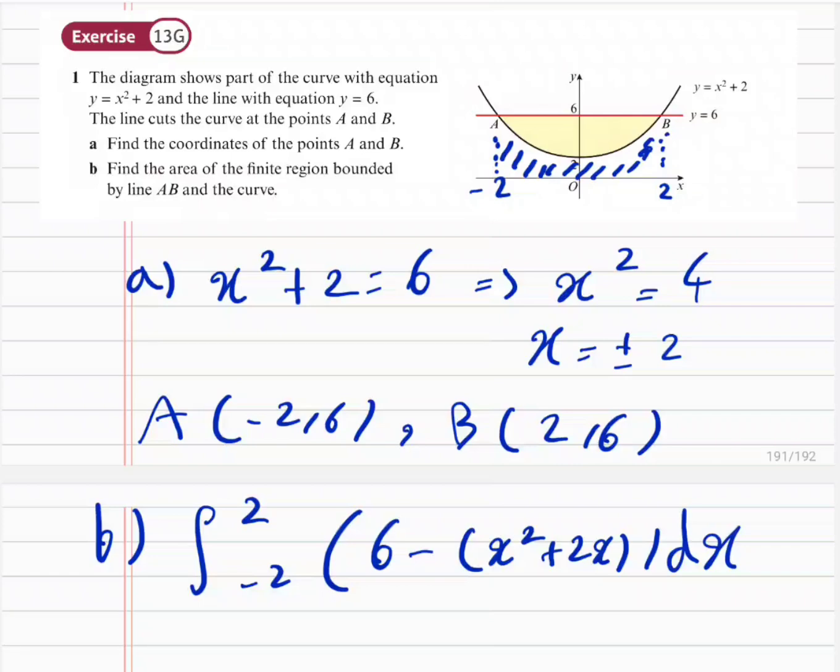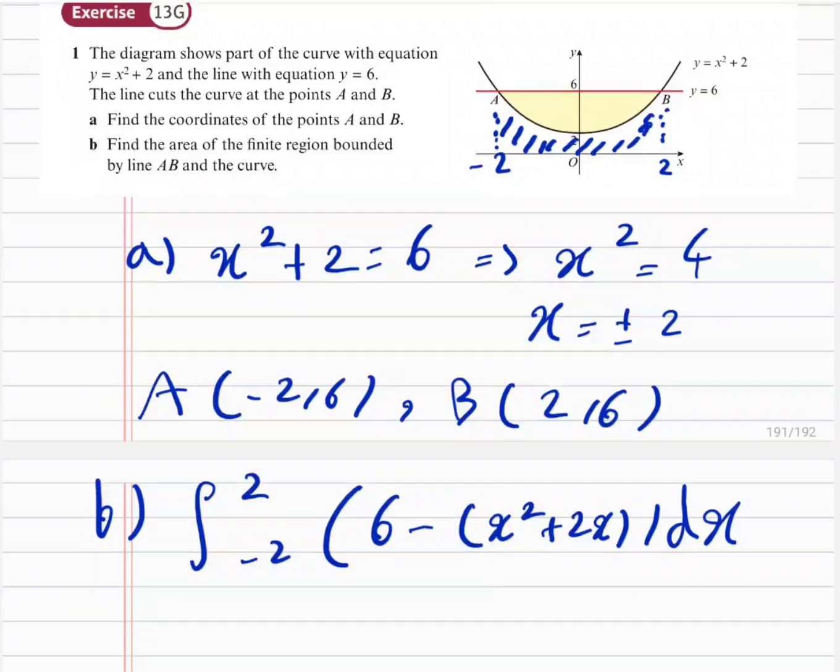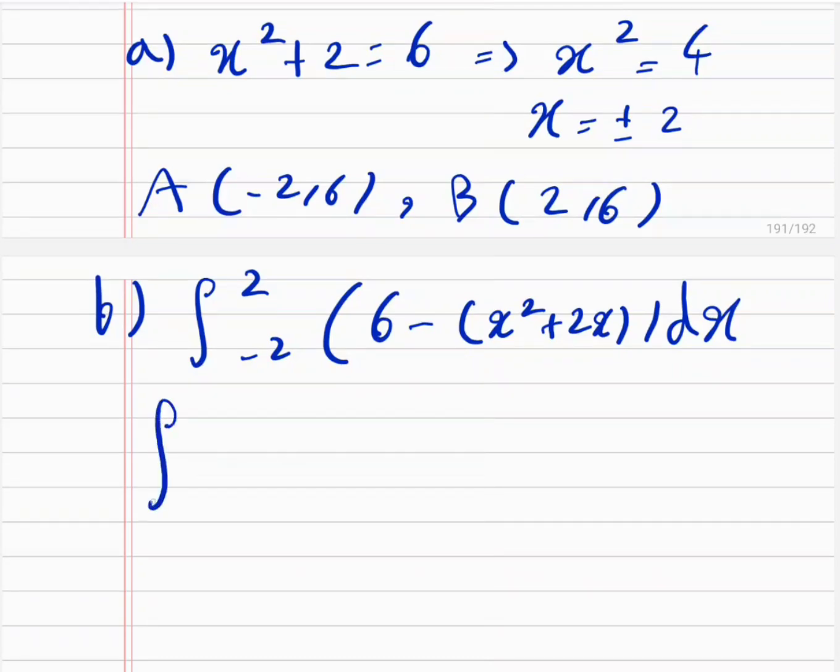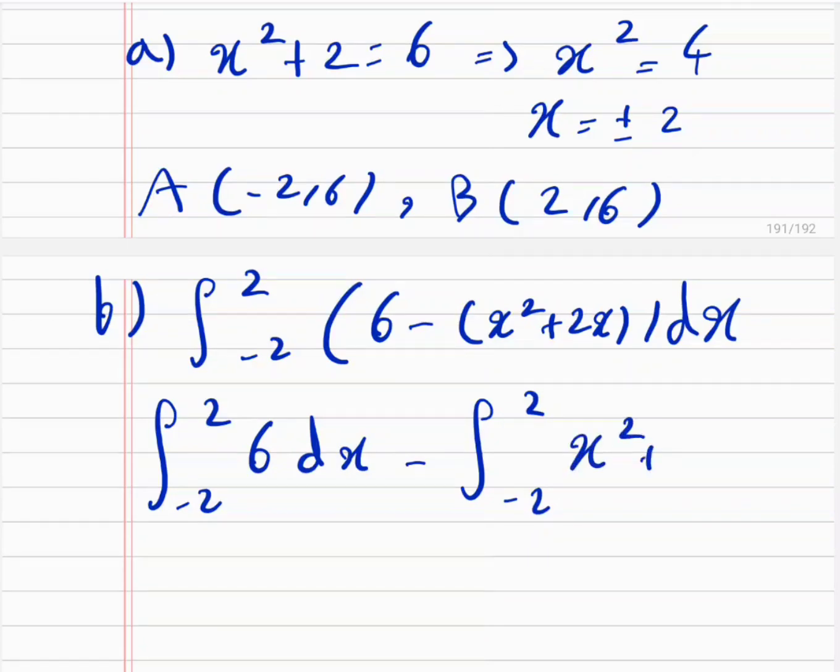That's the interesting part. Some of you might be wondering if we can solve two separate integrals and then subtract at the end. The answer is yes, as long as the limits are the same. We could have had the integral of 6 between minus 2 and 2, minus the part that we don't want, which is the integral of x squared plus 2, which is the curve.